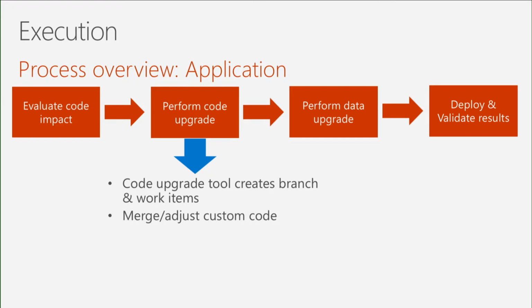Then you'd actually perform the code upgrade. Apart from what you would know from previous versions of AX, the actual developer work, sitting down and merging code and fixing code, the code upgrade tool takes the bulk of the prep away from you.